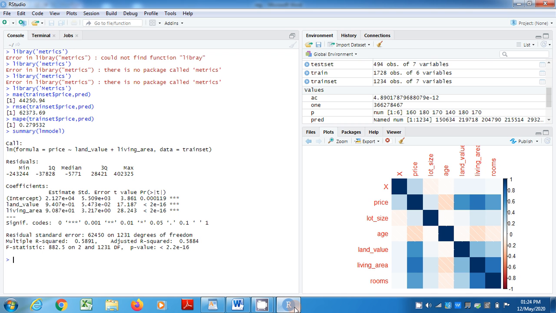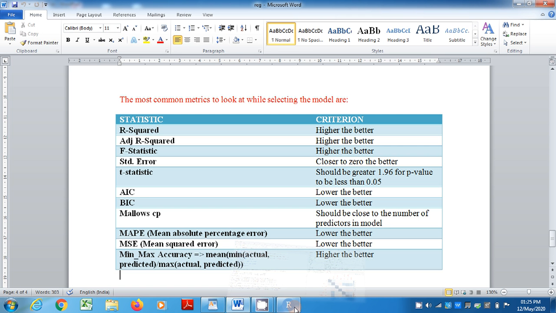That is not low. We could get 10% also, but we need to train the model with a huge amount of data. And MSE, lower the better, and higher the better means max accuracy. So I thought MAPE is enough for my model. So this is all about linear regression.